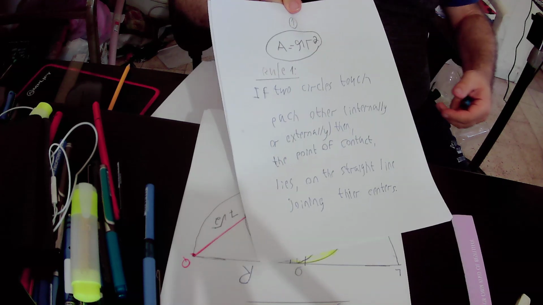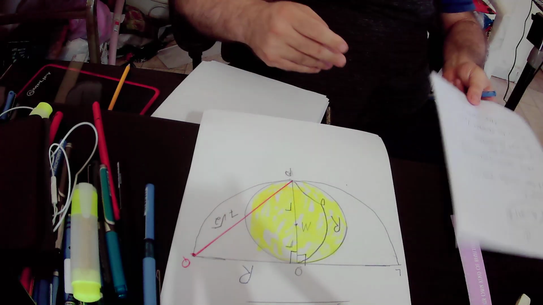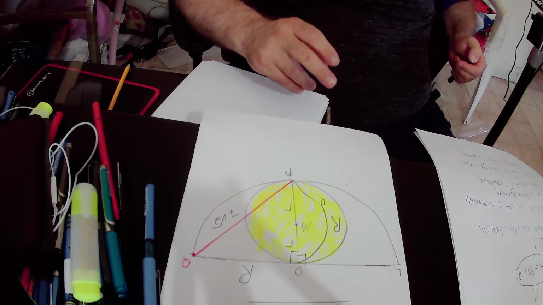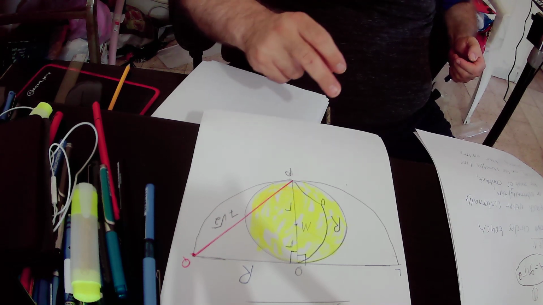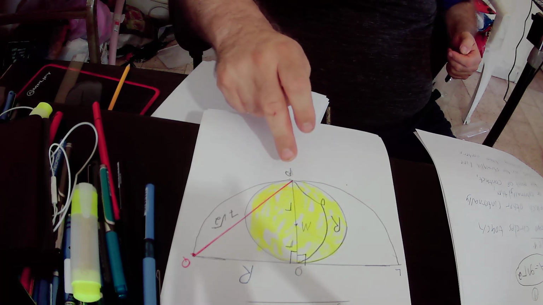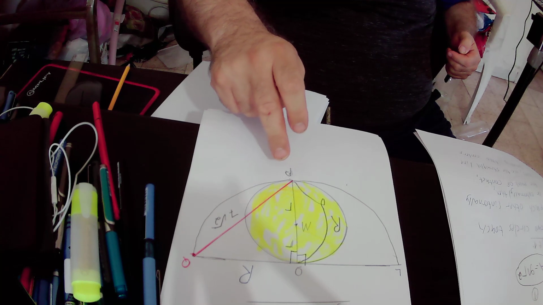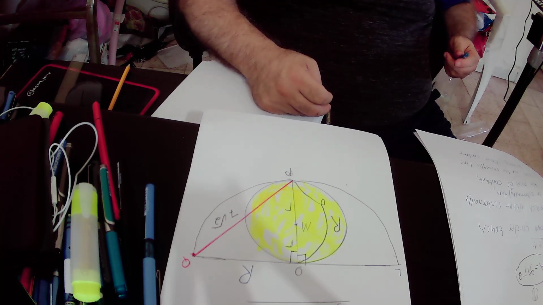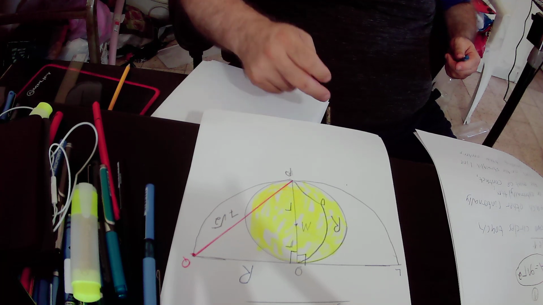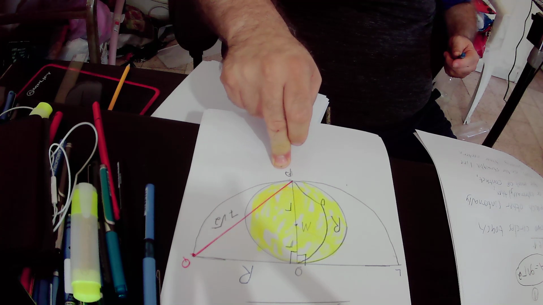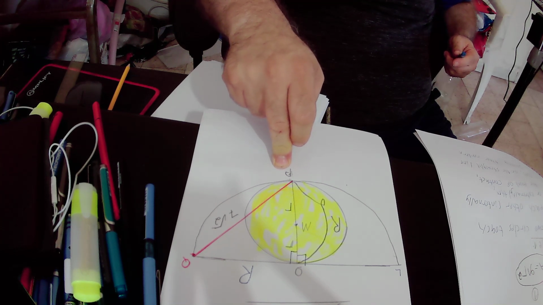So according to rule number 1, if two circles touch each other, in our example the yellow circle touches the semicircle internally, then the point of contact, that is to say point P, lies on the straight line joining their centers.